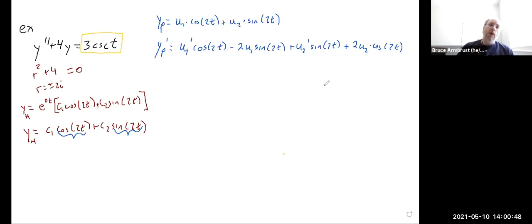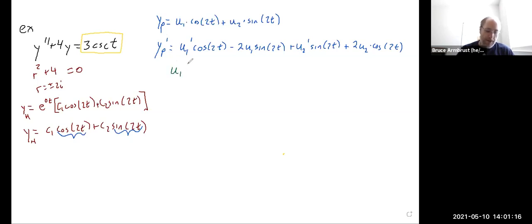Now, before I go to y double prime, we're going to pull a trick. And this is going to be one of those things where you're going to go, what? And I'm going to say, well, yeah, we do it because it works. It's a quote unquote miracle step. I'm going to put conditions on u1 and u2. In fact, I'm going to put this specific condition.